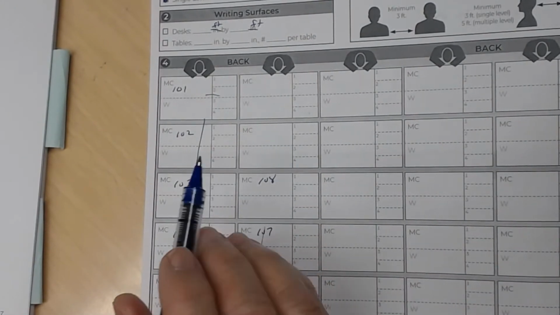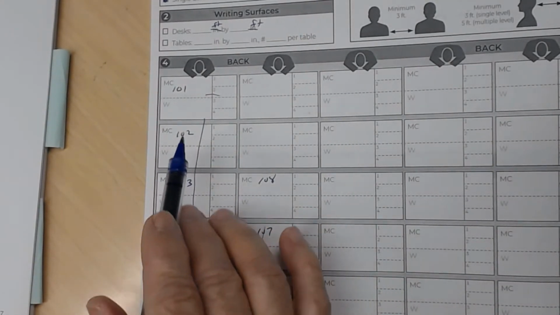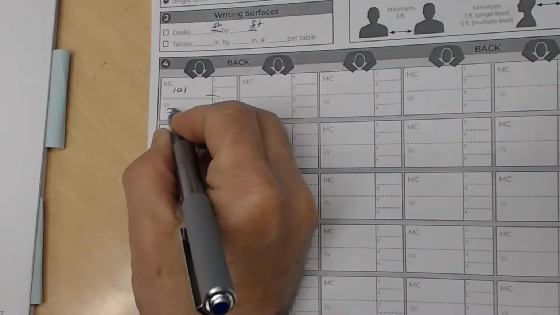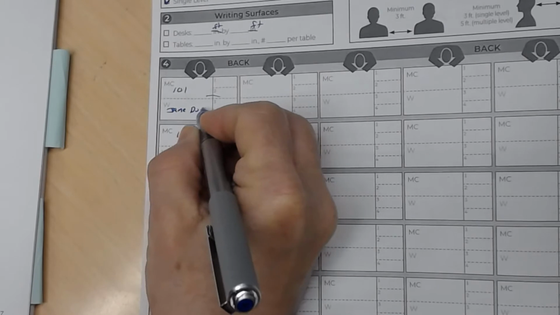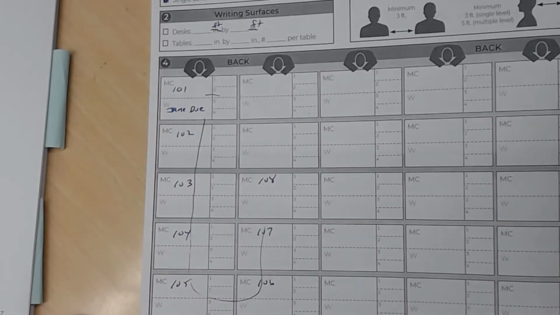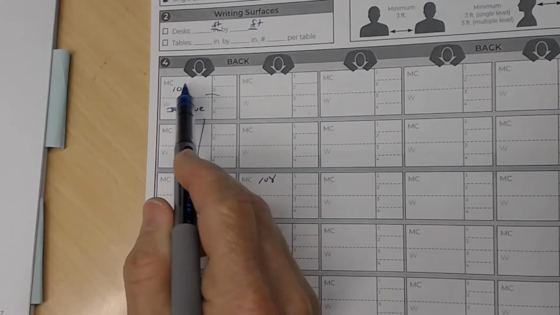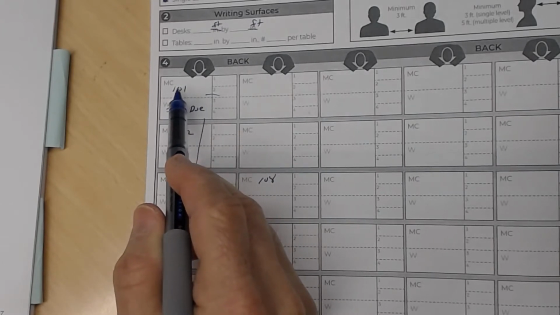Now, it's also a good idea to put the student's name right under here. So the student's name is Jane Doe, and put the student name there. That could help the room supervisor or the test coordinator at some point if there's an irregularity and it needs to be investigated. You can determine very easily who was seated in this area here.